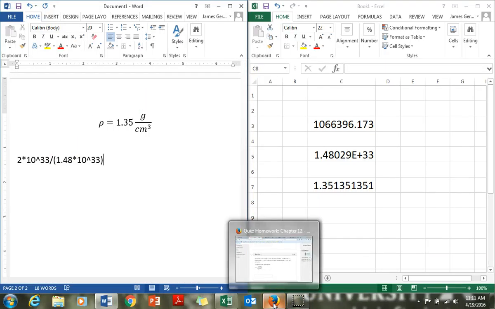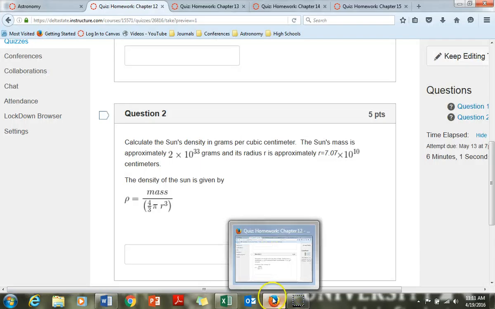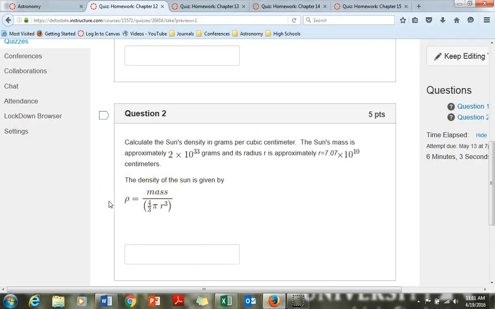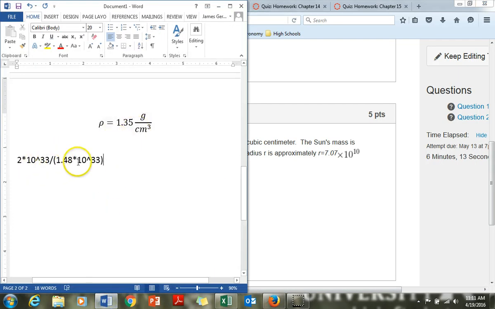So what do we do with the radius? We've already used the radius, right? It's in the 4/3 pi r cubed, which was the 1.48 times 10 to the 33.